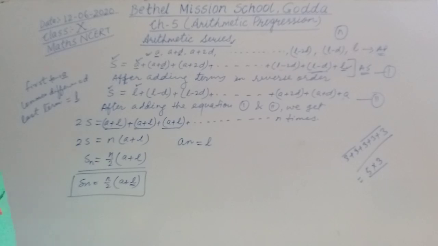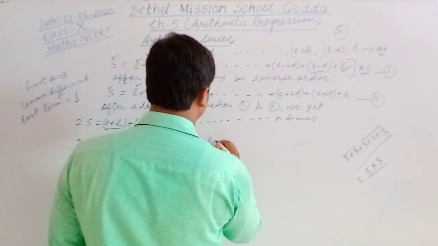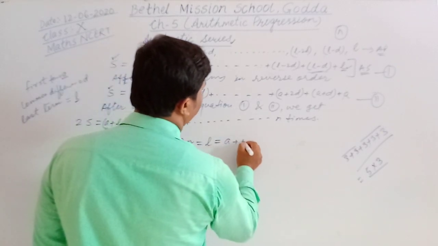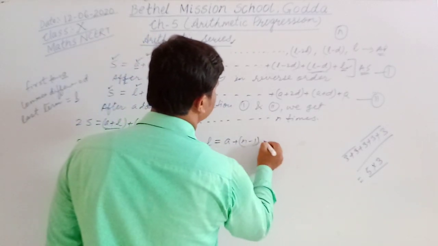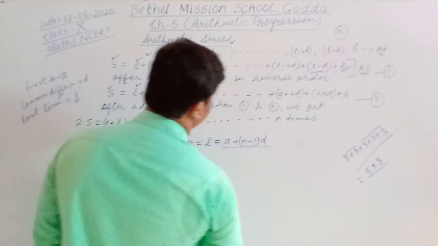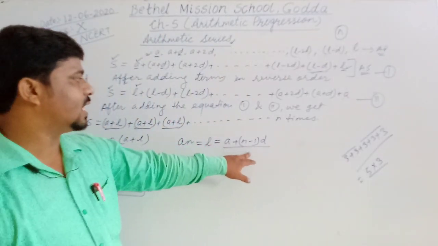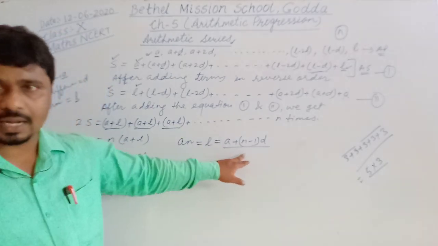Nth term, last term. So you know that the general form of nth term is A plus n minus 1 into D. The general form of arithmetic progression is A plus n minus 1 into D, and that is the nth term.